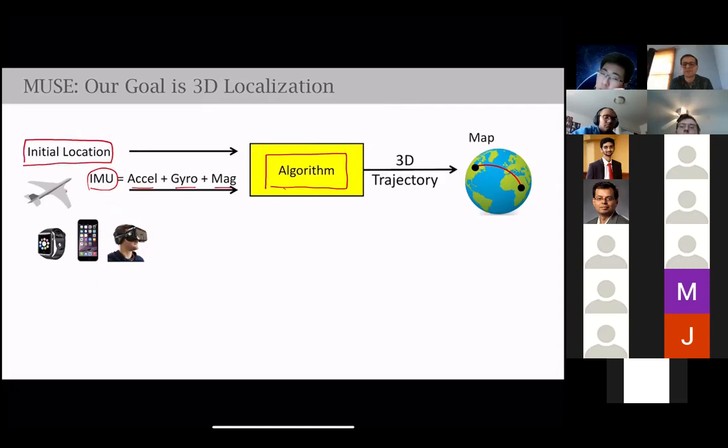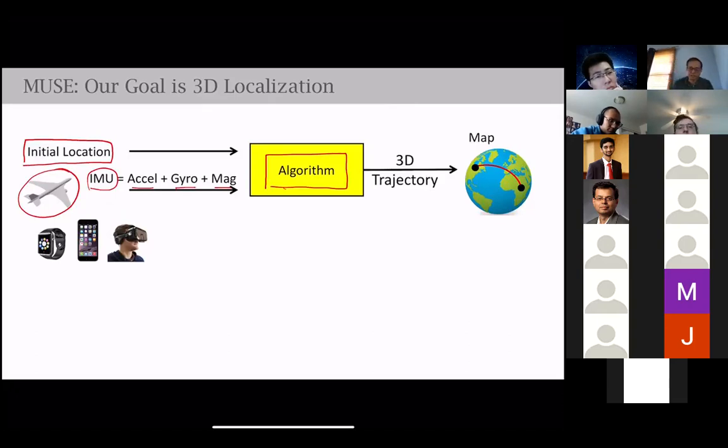Okay, so imagine a plane. A plane has an IMU on it. I will tell you that the plane is at Chicago Airport on the runway. Okay, that's the initial location. And from now on, I will give you the plane's IMU measurements. Okay.